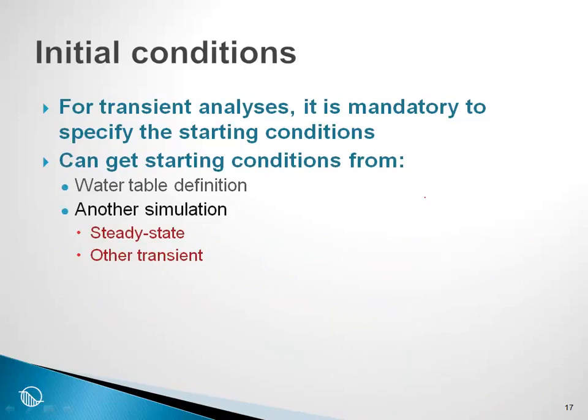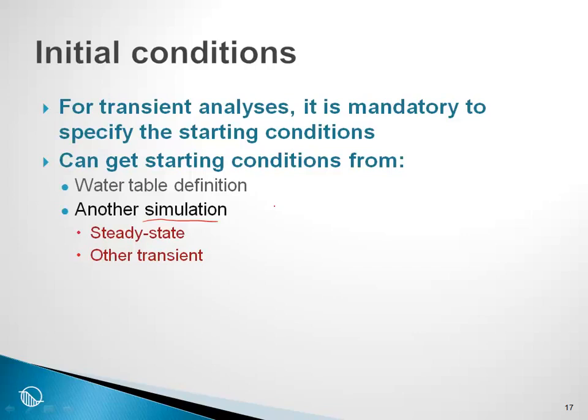Another way to get the initial conditions for a transient analysis is to get them from another simulation. We may have done a previous steady-state analysis using SEEP-W, and then we used that steady-state analysis to start the transient analysis.